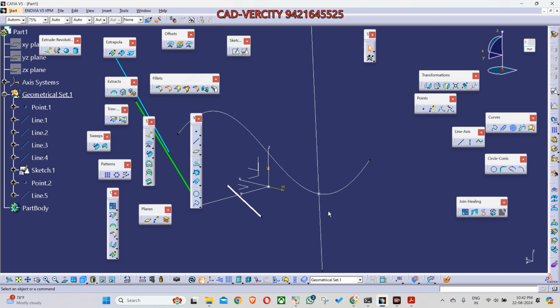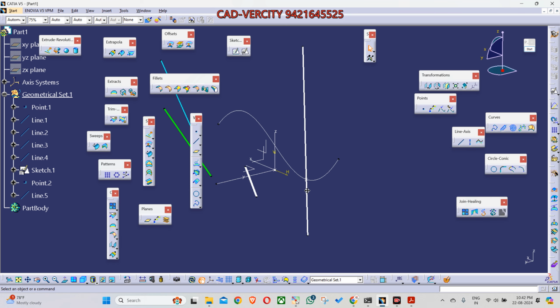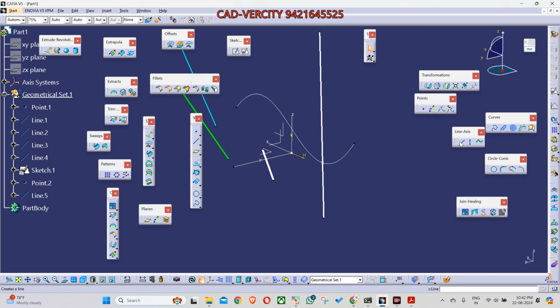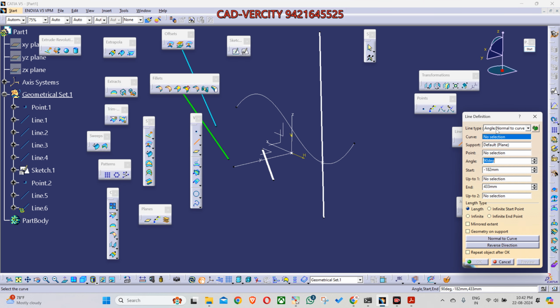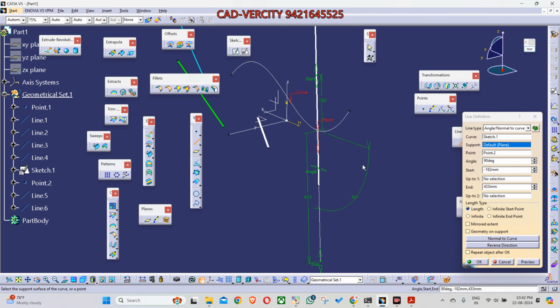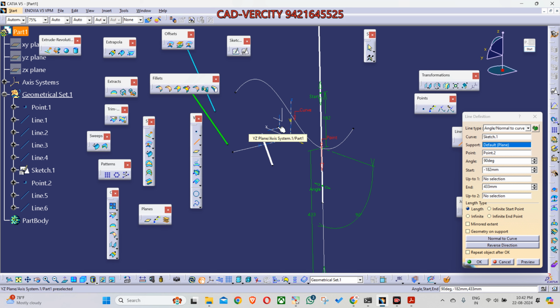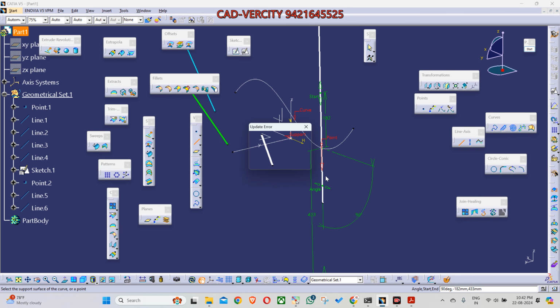I will change the color. Again, let's try the same option: line, angle normal to curve. Curve is this one, point is this one. Now I will change the support to this plane. What is the plane name? It is giving some error.